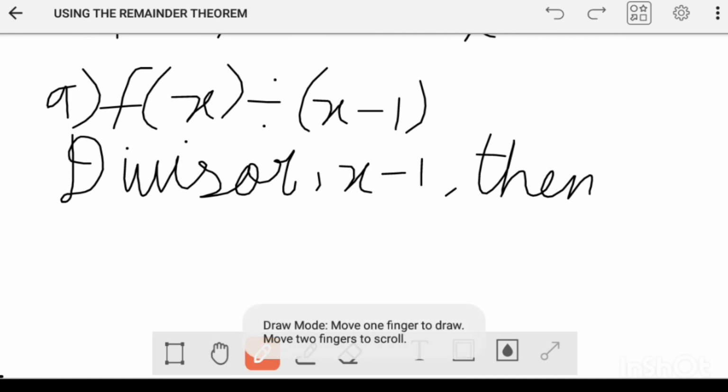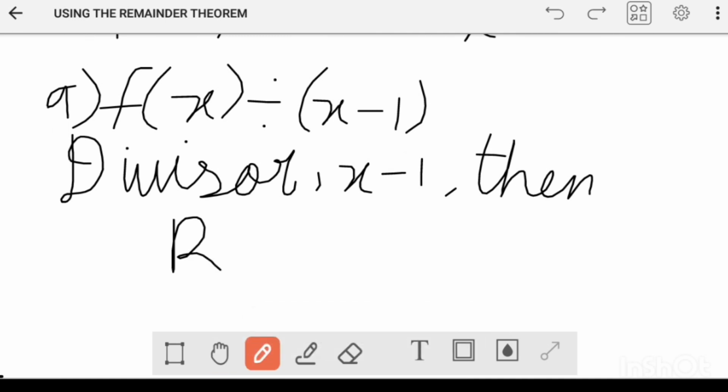So here we have the remainder R equals f of 1, since x minus 1 implies that x equals 1 when you factorize. Anywhere you see x in the expression for f of x, you substitute 1.